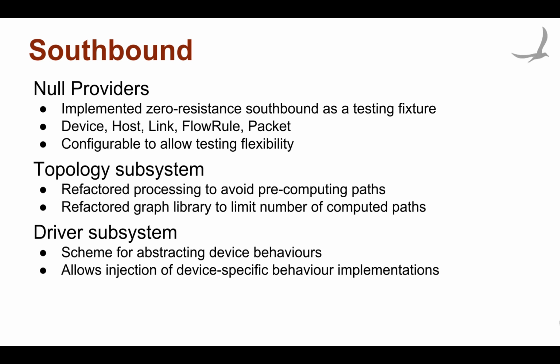The various topology subsystems have been rejiggered a little bit so that they avoid doing things ahead of time that weren't used. So we avoided pre-computing paths unnecessarily, and we've added a driver subsystem so that you can inject abstract device behaviors into the system.